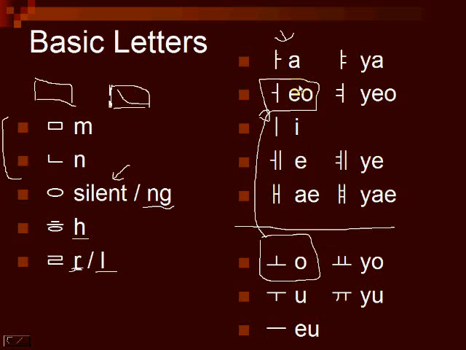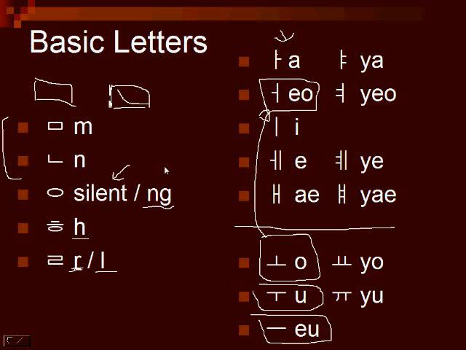Also, u as in double O, the sound of a double O. And eu is that sound, like a UH. Make that distinction. So let's say them all again. A, ya, eo, yeo, o, yo, u, yu.